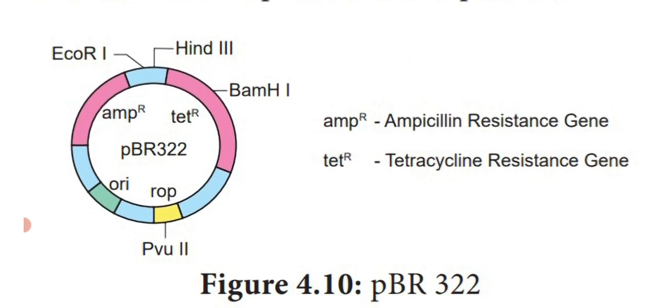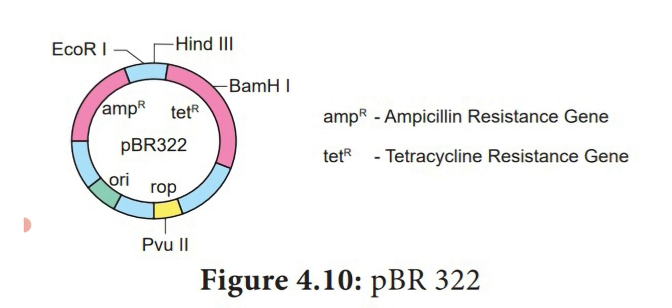Dear students, see the diagram. This is pBR322. It is made up of a double-stranded extrachromosomal DNA which is present in the bacterial cell. Here on the outer surface, it consists of many restriction sites, that is EcoRI, HindIII, BamHI.